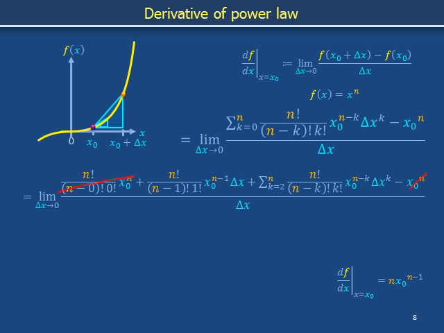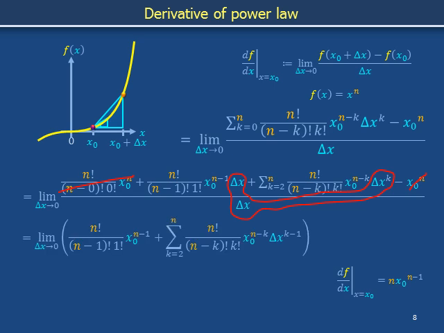Cancel the first and the last terms, which are plus and minus x naught to the n. To complete this step, recall that 0 factorial equals 1. Divide all remaining terms in the numerator by the common factor of delta x in the denominator. This means that the kth power of delta x in this red marker loop becomes the k minus first power of delta x in the next line.